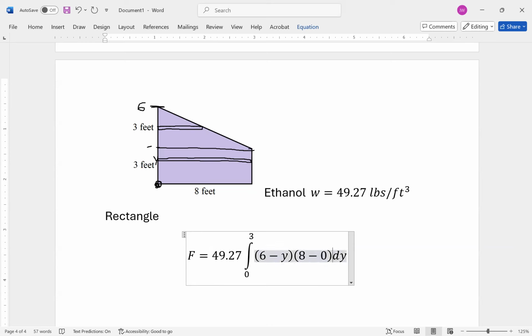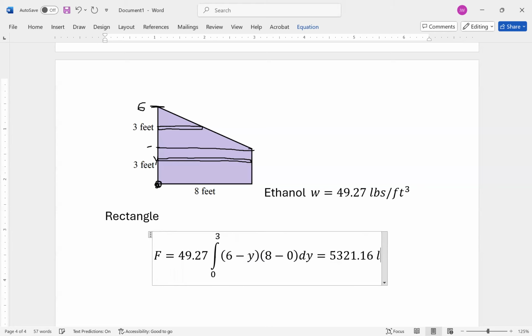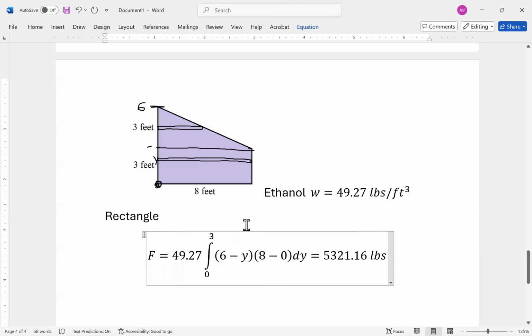Again, this one's a pretty nice calculation. 49.27 times the integration from 0 to 3. Again, in parentheses, 6 minus y times quantity 8 integrated with respect to y. I got 5,321.16 pounds. Now that's the rectangle.